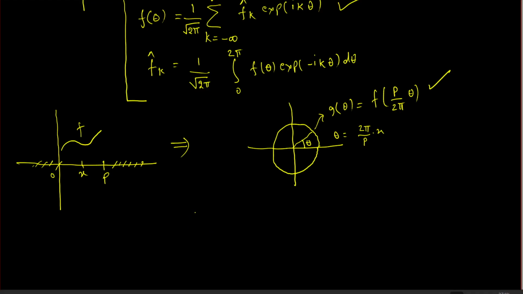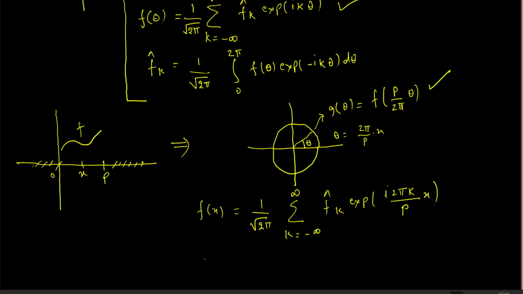This expression is given as f(x) will be 1 by square root 2 pi, sum k from minus infinity to infinity, f cap k exponential i 2 pi k by p x, and the value of f cap k will be 1 by 2 pi square root, integral 0 to p.